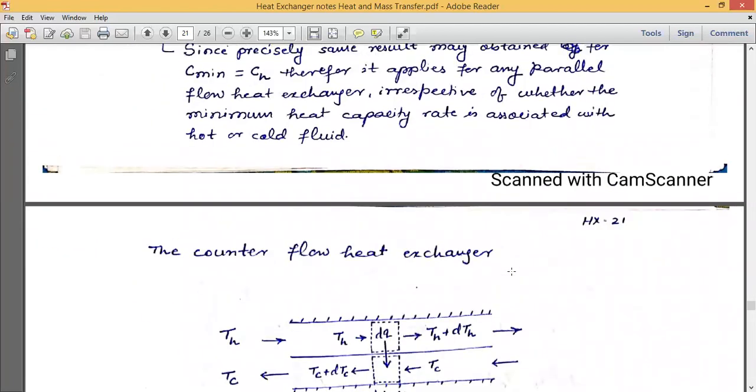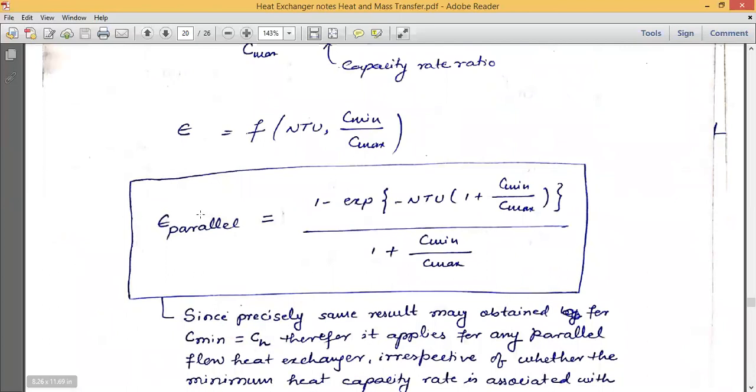effect. Okay, so this we got, you should have in your mind the expression for parallel flow, expression of effectiveness for parallel flow. In the similar fashion we can get an expression for the counter flow also, starting from the general principle.